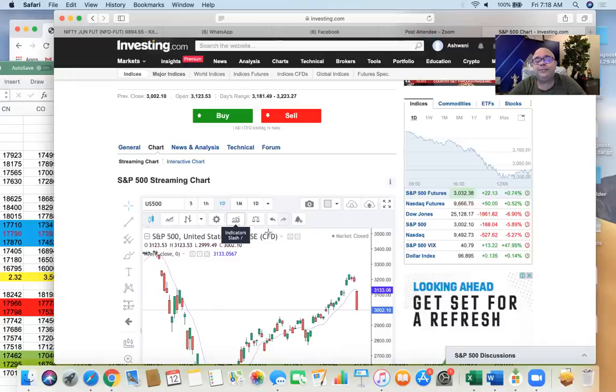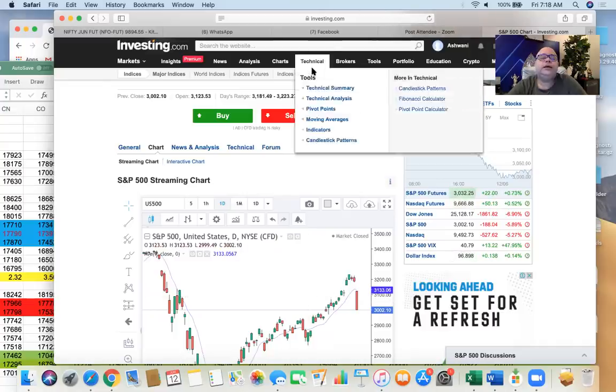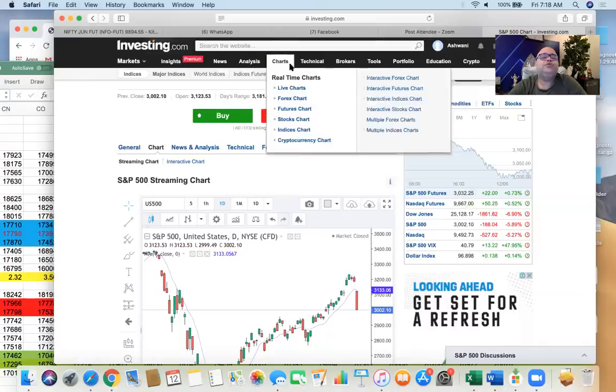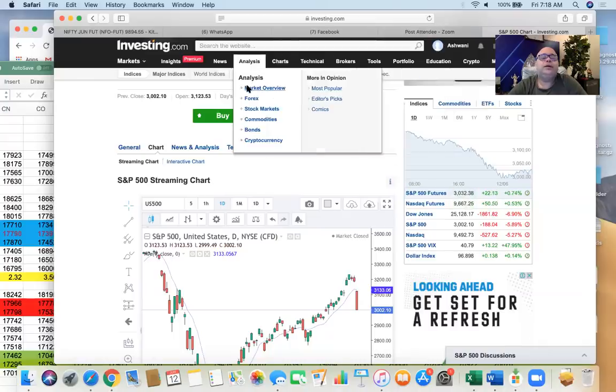So again, on the S&P 500, we can use the same sort of method that we are using on the Nifty, where my buy stop is here.